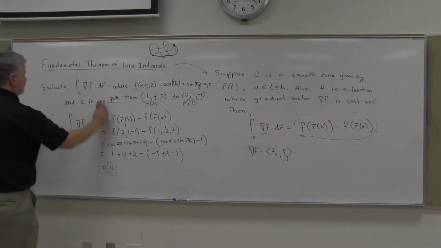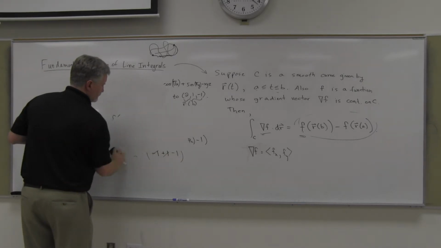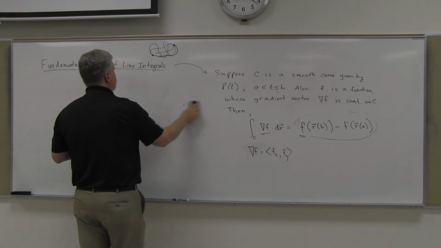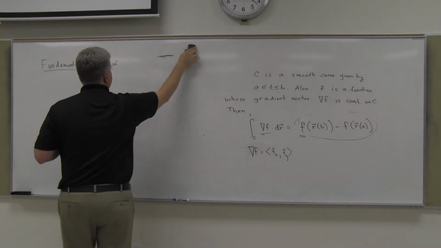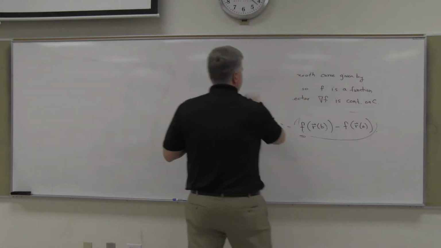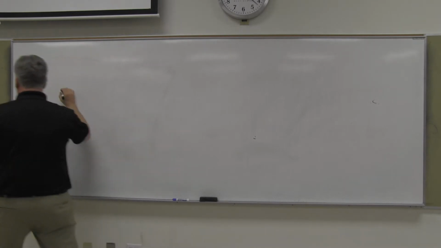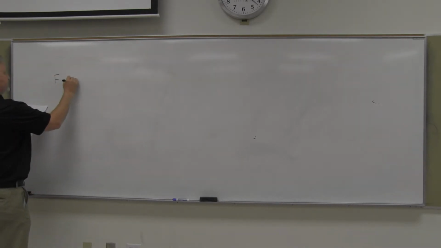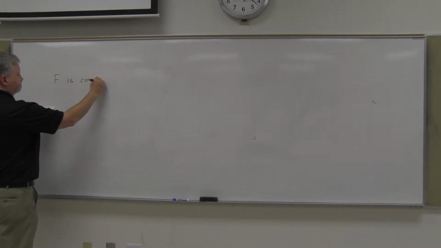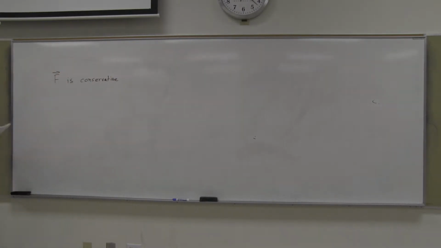And that's what we're going to do here next, just some definitions. Just write those down. All right, F is, we talked about this one. A vector function is conservative. F is our general name, I guess.